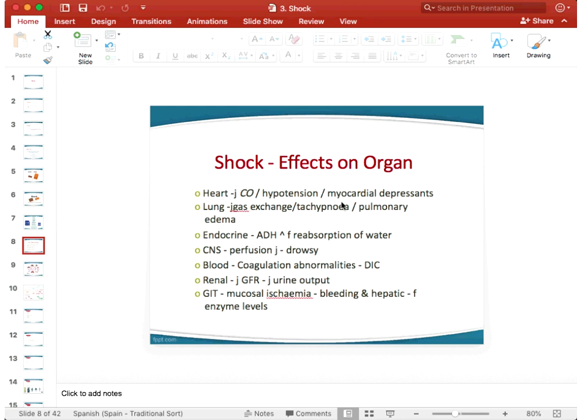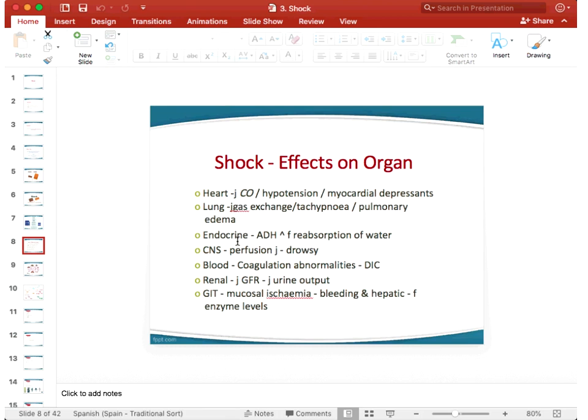Eventually, this will result in a depressed hydrostatic pressure in the lung capillaries, which will cause hypoxia and pulmonary edema because of low flow in the hydrostatic pressures. The endocrine system, of course, will release hormones such as vasopressin in order to reabsorb every amount of water in order to keep up the fluid and the cardiac output.